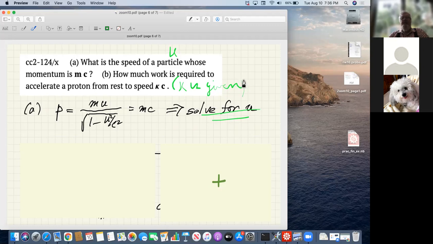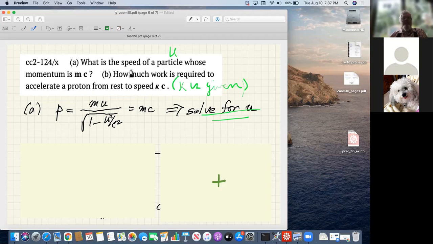Now, remember the relation between work and energy. Work is a transfer of energy. And the change in energy is equal to the amount of work that's done. I'm not saying how this work is done, but maybe there's a rocket or something which is accelerating this proton.